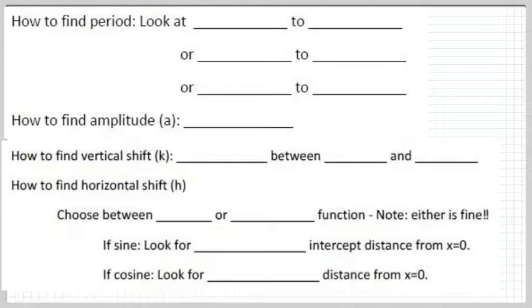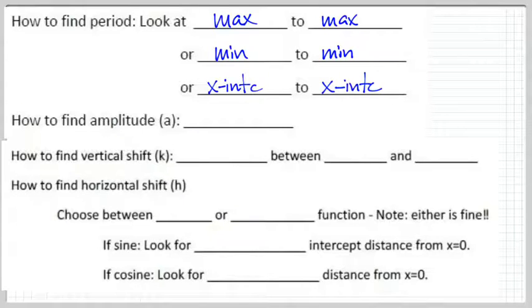So, to figure out the equation, we need to find our values of A, K, H. To figure out the period, which leads us to the B value, we could look at min to min, max to max, or some other point on the graph where it's repeating. For example, here's some sinusoidal graph.